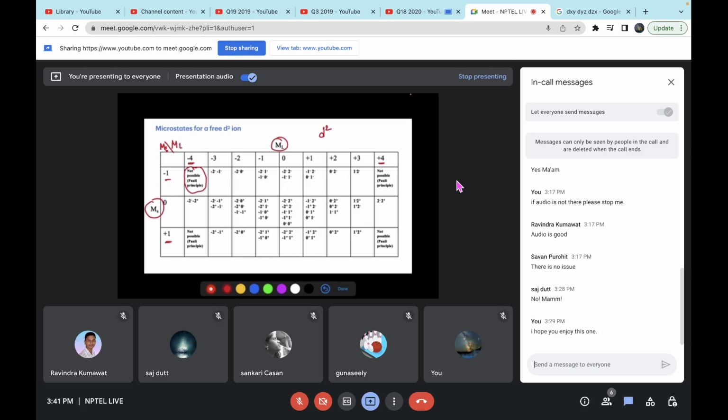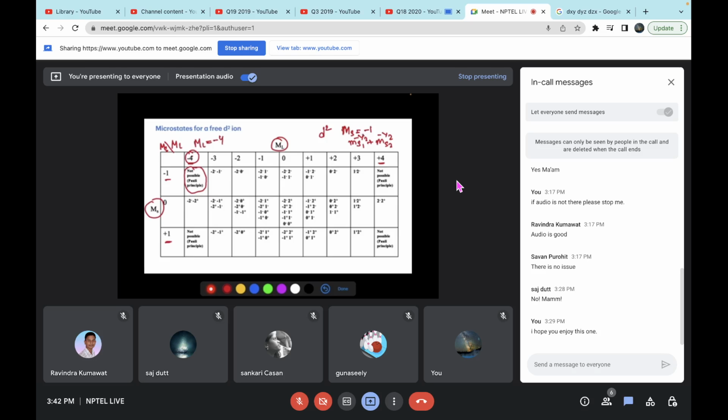MS value minus 1 means my ms1 plus ms2 should be minus 1. That is, both of them should be of the same spin, minus 1/2 and minus 1/2. Also, my ML minus 4 gives me the ml value minus 4 here.